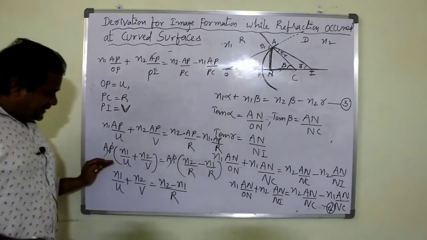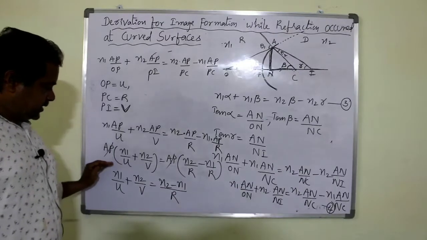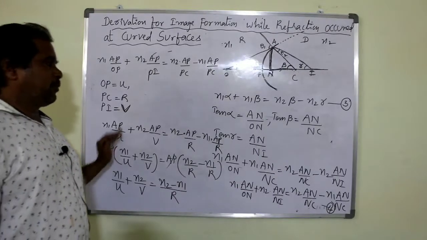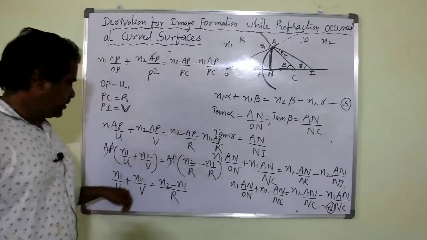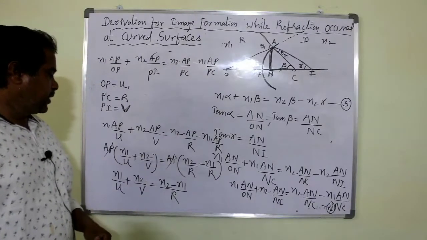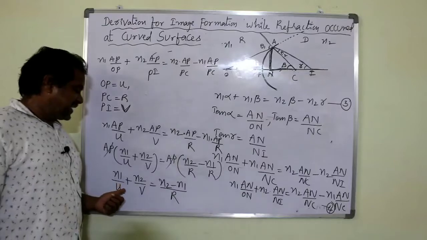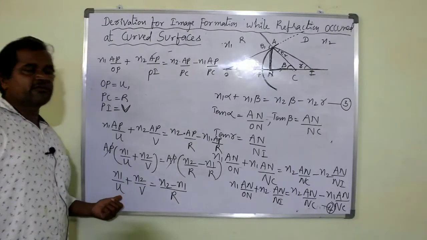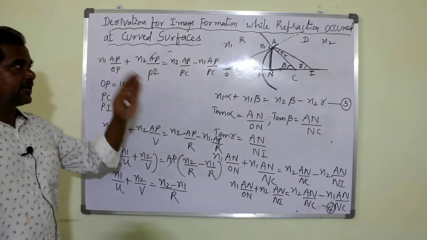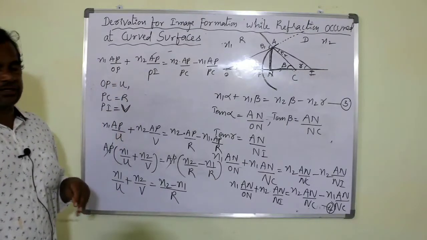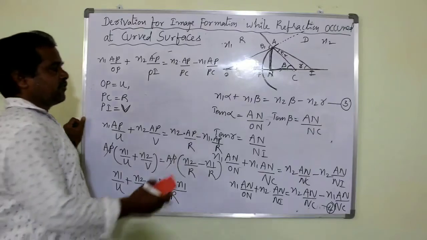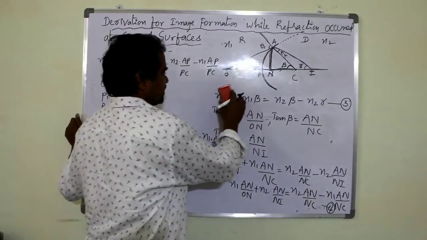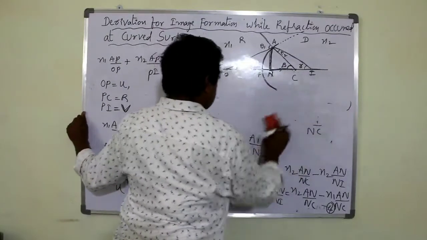But this equation is applied for only one particular condition. If we generalize this equation, meaning we apply it for all conditions when any light ray is incident on any curved surface, we must follow the sign conventions.